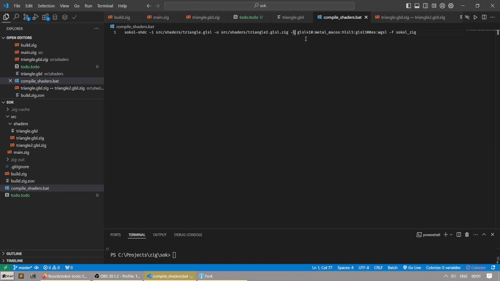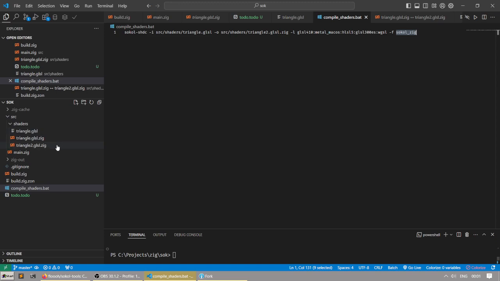So GLSL for 10, metal, HLSL, you know, everything, and WGPU, and I have to specify that this is a Zig. So this needs to be formatted as a Zig file, because by default it will give you a C file.